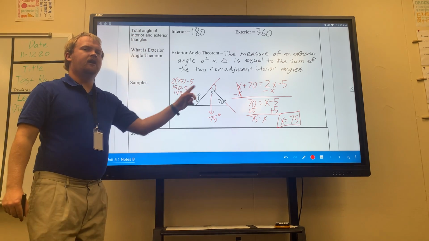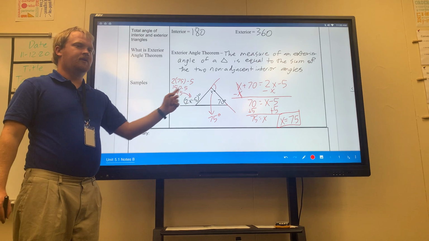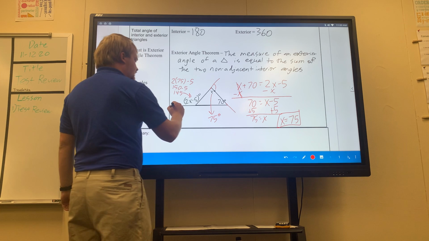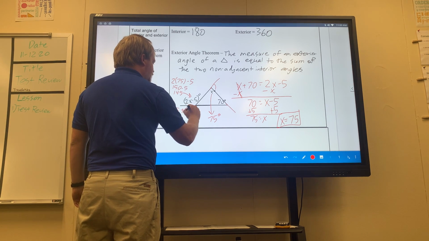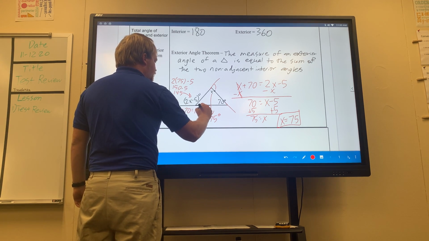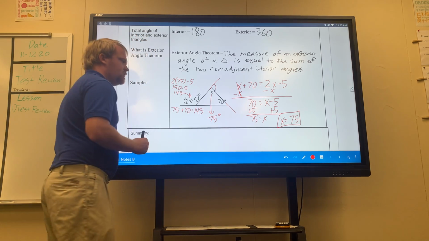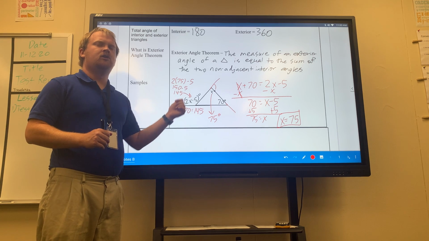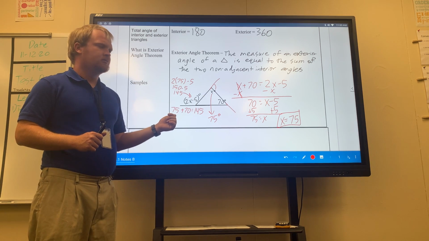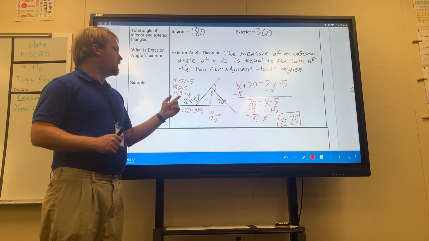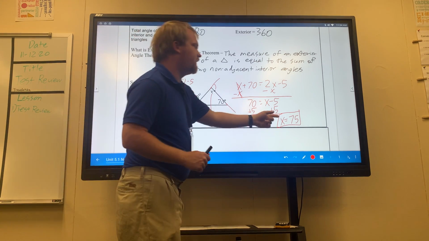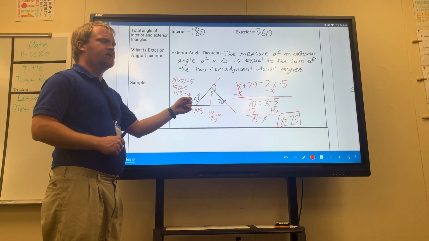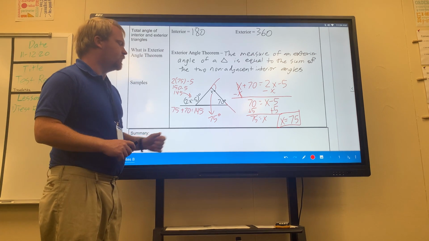So this exterior angle is 145 degrees. And if I want to make sure I got it right, I can add 75 to 70, and that gives me 145. And that's how I make sure I got everything right. So the x ends up being 75. This angle is 75, and this exterior angle is 145.